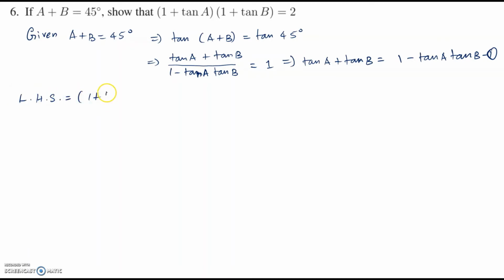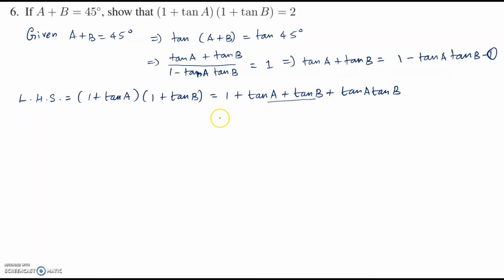LHS is 1 plus tan A into 1 plus tan B. Now this is equal to 1 plus tan A plus tan B plus tan A tan B. Now we know that tan A plus tan B is equal to 1 minus tan A tan B. So let's replace this here. 1 plus 1 minus tan A tan B instead of this expression, plus you have a tan A tan B. You can say from 1.